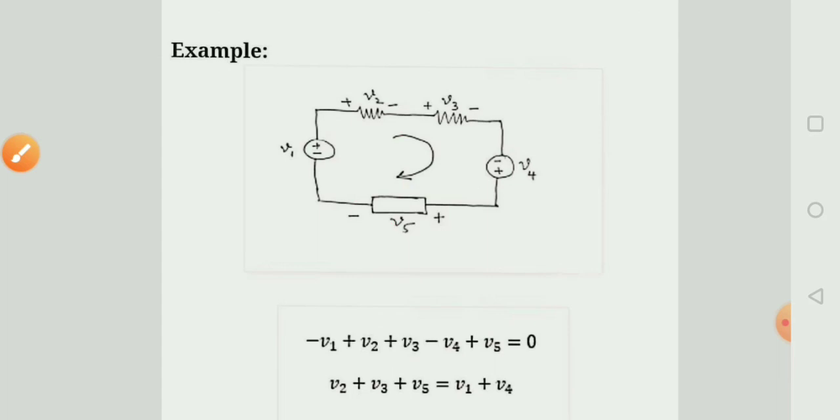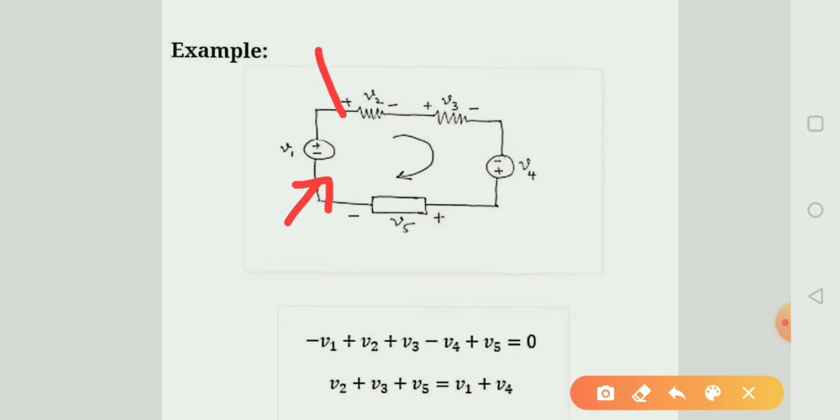If we apply the rule of KVL, we take this sign for V1, meaning the first entering node. So it is necessary we take the sign of the first element for all the elements in this circuit.